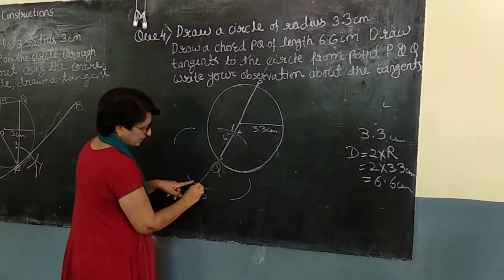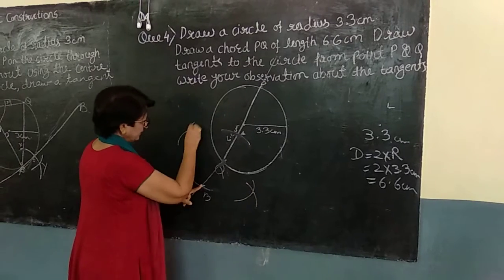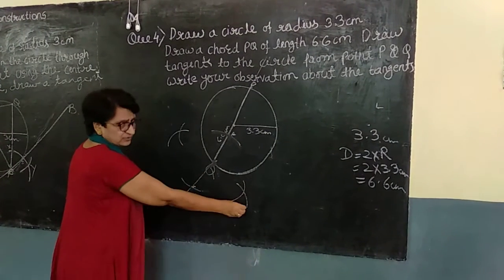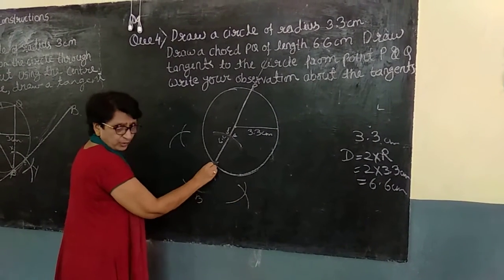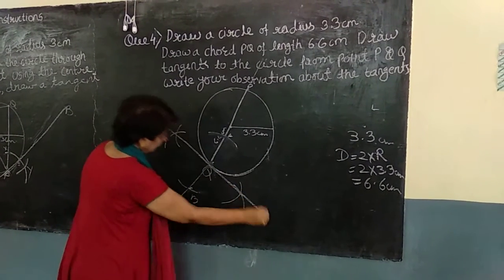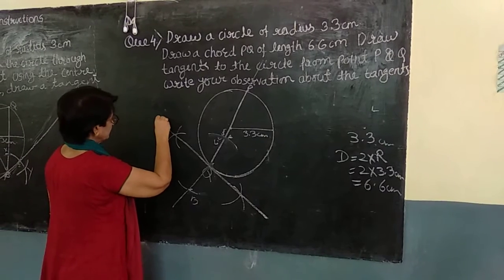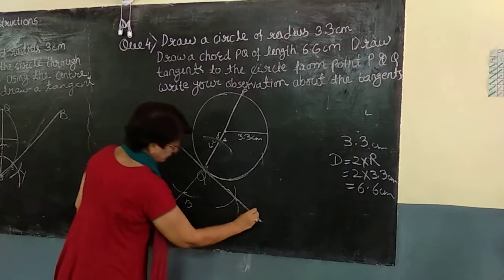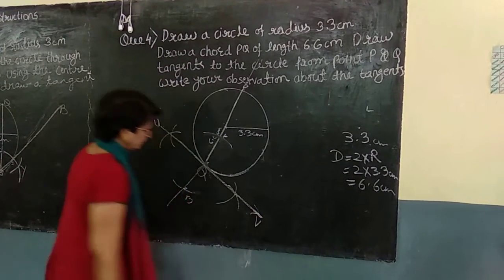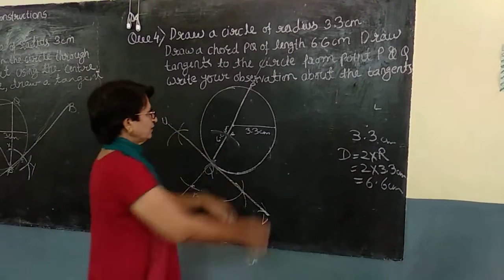Again, put the compass point on B and cut the previous arc, and join these 3 points. Then you get a tangent from the point Q. Name it U, V.